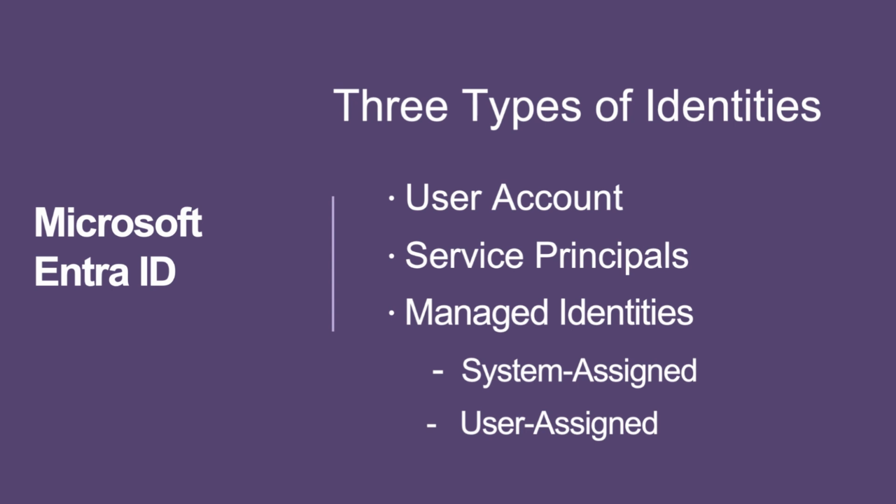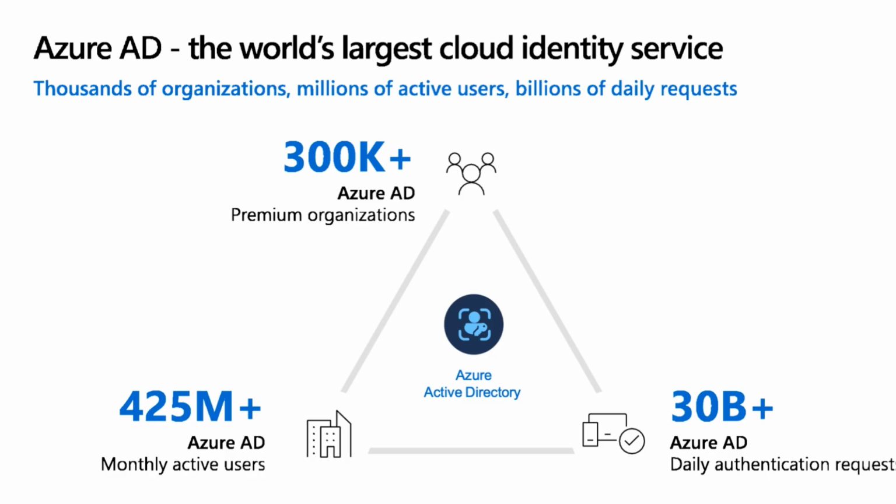Azure managed identities are for resources like virtual machines, and there are two types: system assigned, which is created for a single resource, and user assigned, which is shared across multiple resources.